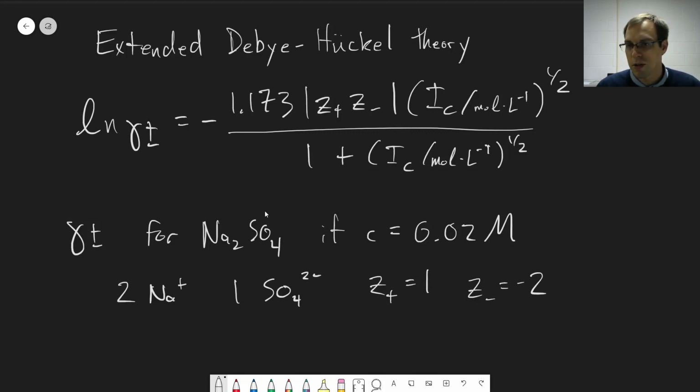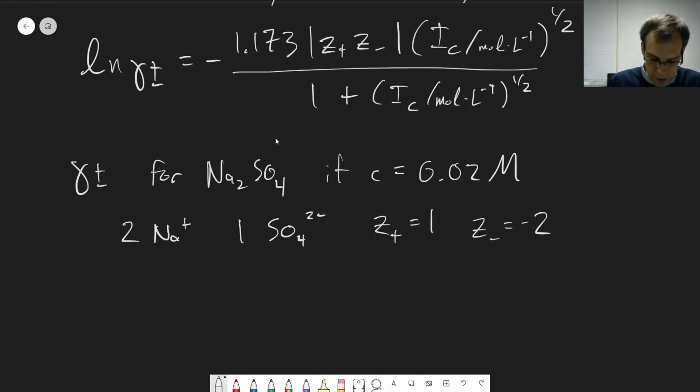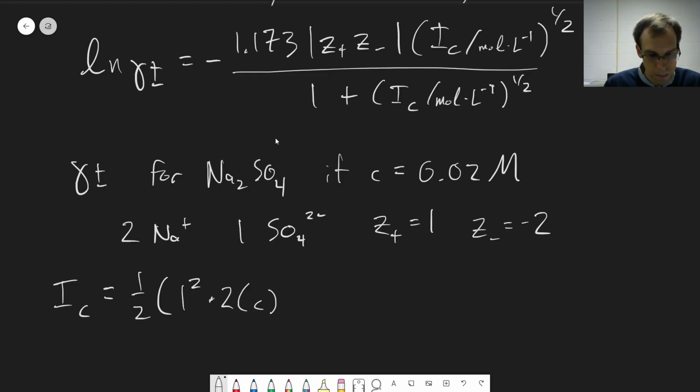The first thing we need to do to be able to use this is find the ionic strength. So IC is equal to 1/2 times the charge of the positive ion squared times 2 times the concentration, plus the charge of the other ion squared times the concentration. It's not just positive and negative, it's however many total ions you have in solution.